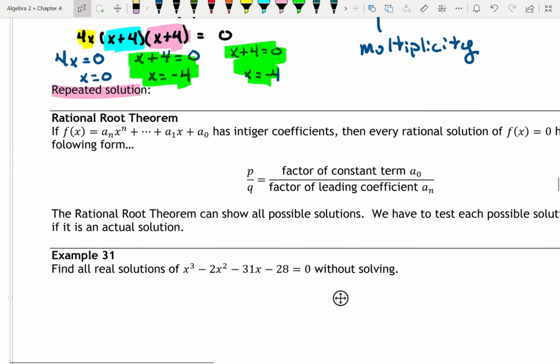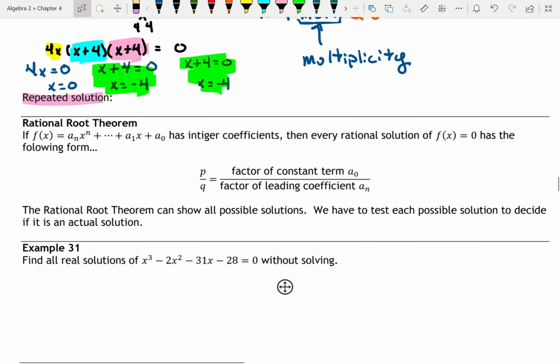Next up, we have the rational roots theorem. And this is one of those that's sometimes kind of difficult to remember, sometimes difficult to apply, but we'll do our best here. If f of x equals blah, and that's the standard polynomial equation there, if it has integer coefficients, then every rational solution of f of x equals 0 has the following form. And to be rational means that it could be a fraction.